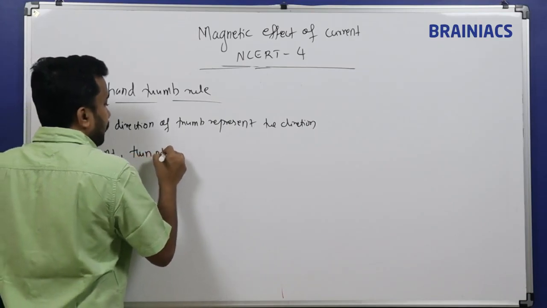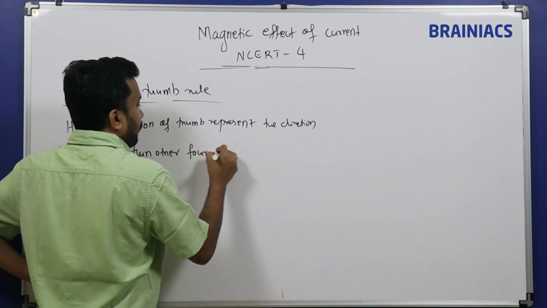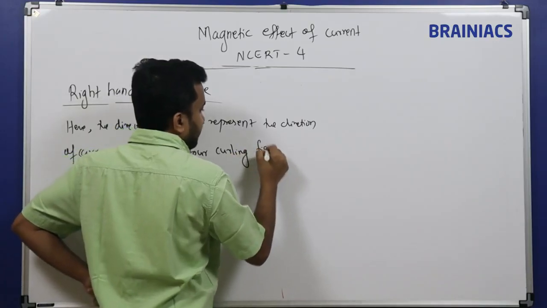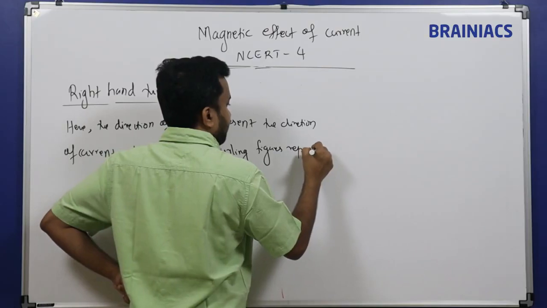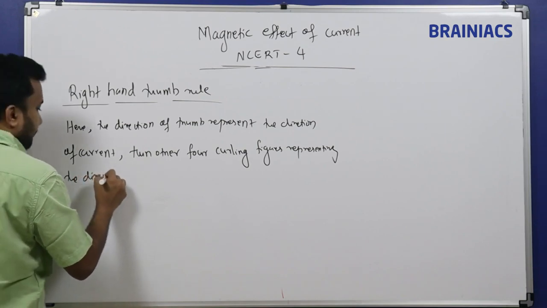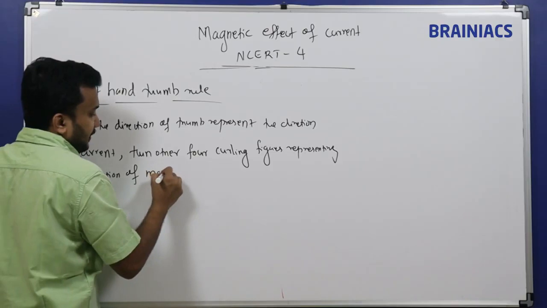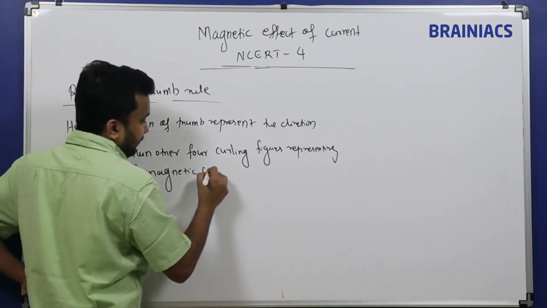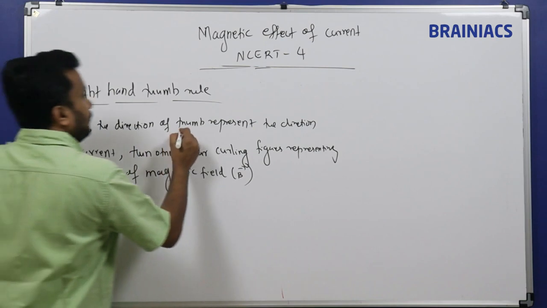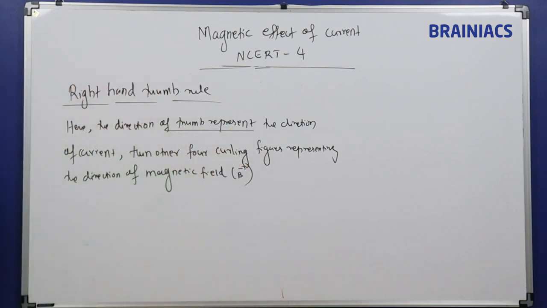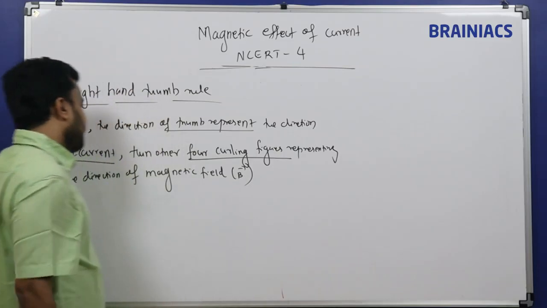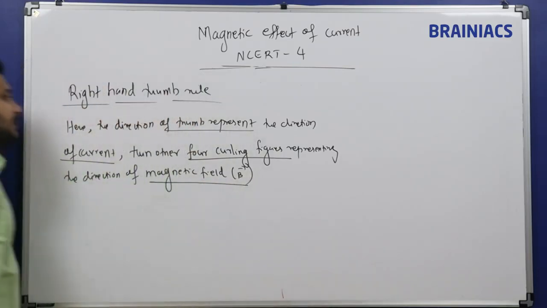Then the other four curling fingers represent the direction of magnetic field, in bracket B, vector B. What it says is that the direction of thumb represents the direction of the current, then the other four curling fingers represent the direction of magnetic field.